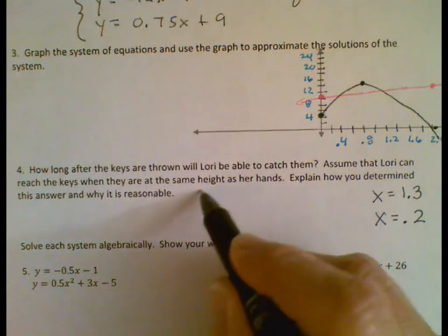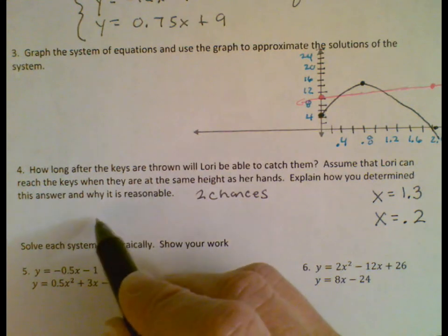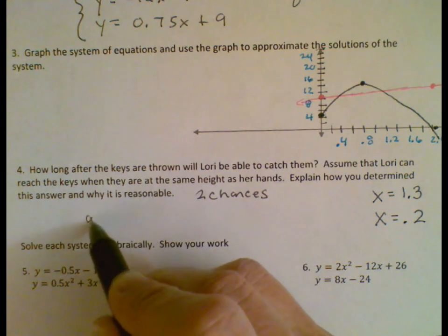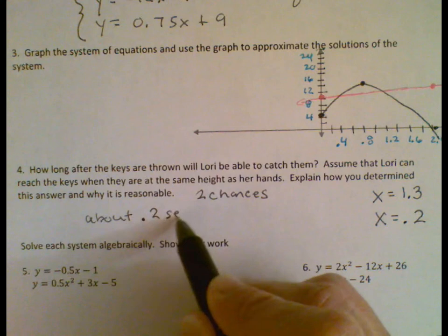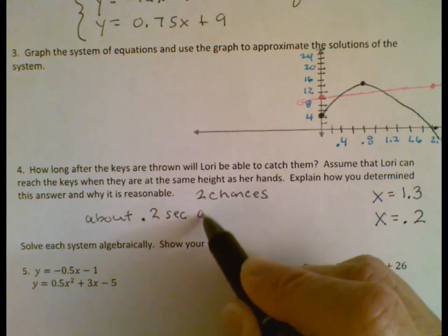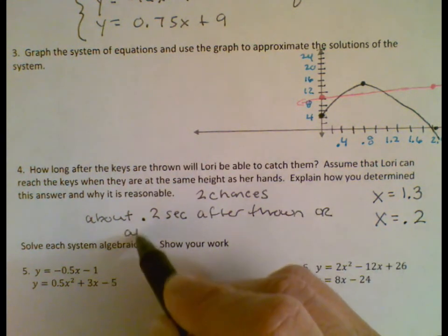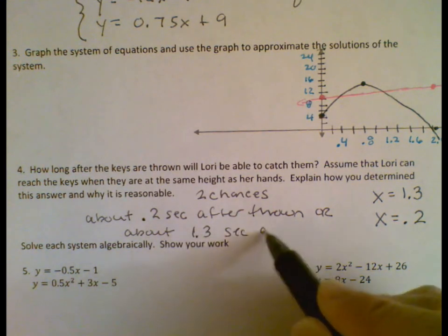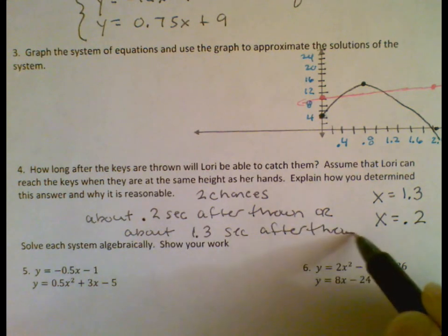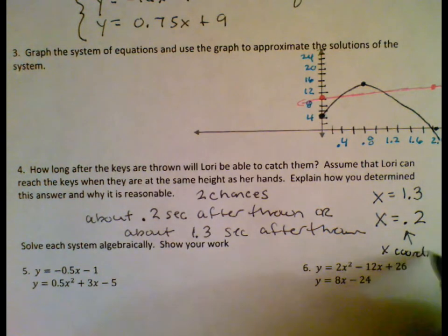We have 2 chances of catching the keys at about 0.2 seconds after thrown, or about 1.3 seconds after thrown. Just the x coordinates of the intersection.